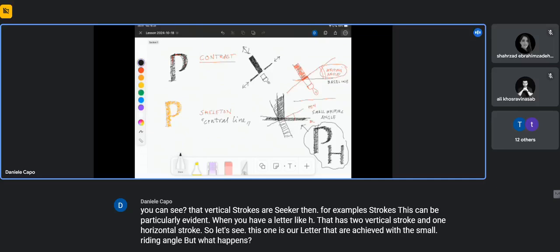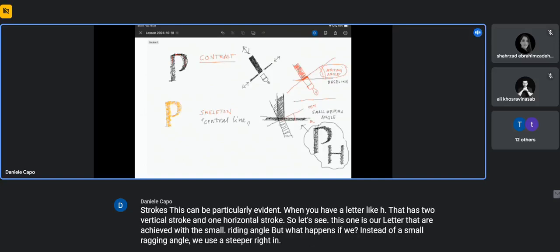But what happens if, instead of a small writing angle, we use a steeper writing angle? So let's reorganize this one.